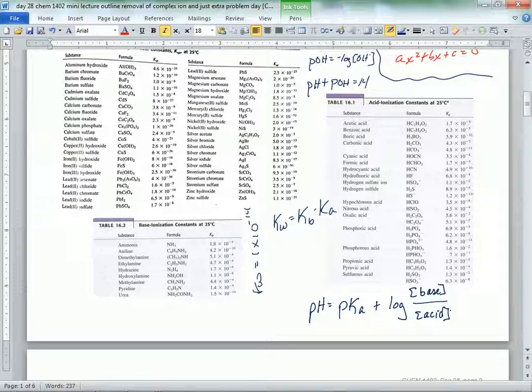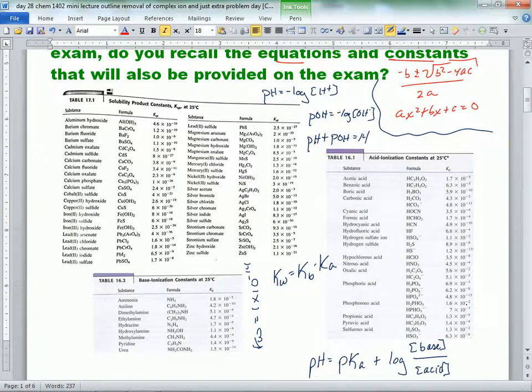But in practicality, we didn't really use this. What we used is the log of, this is really the conjugate base over the conjugate acid, and we didn't use concentration. We just said what? Moles. Because the liters ends up canceling. It's a little bit easier. So moles of conjugate base over moles of conjugate acid is what we really used for buffer problems. Okay, so all that stuff will be given to you.